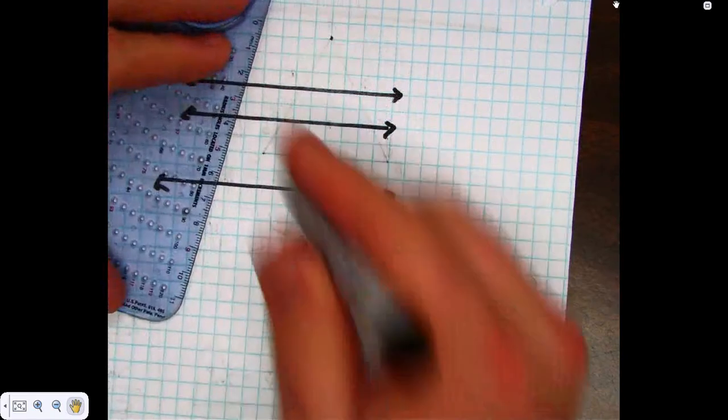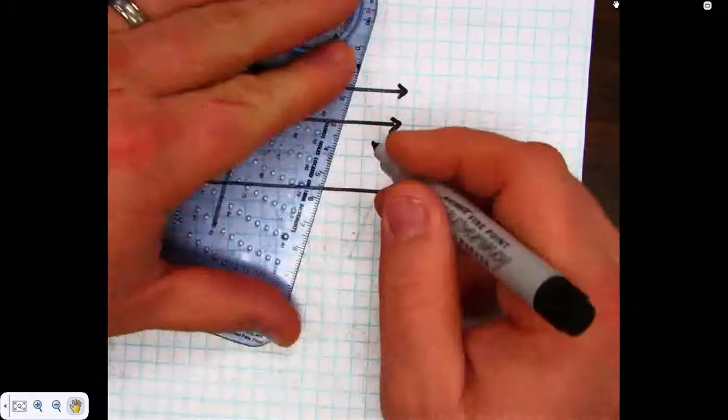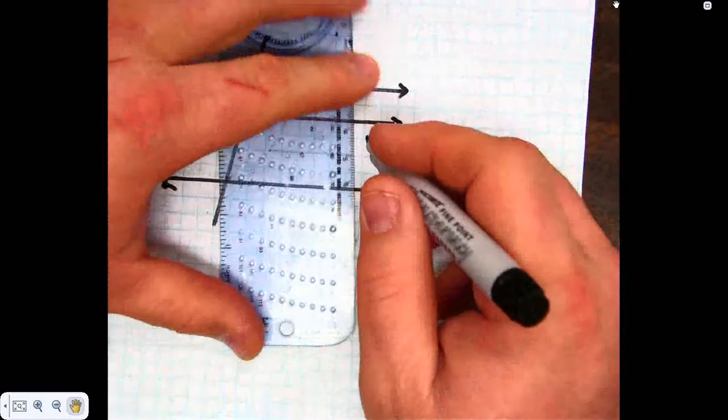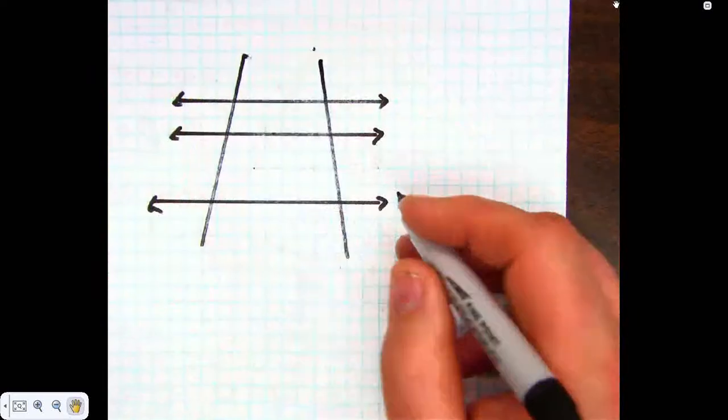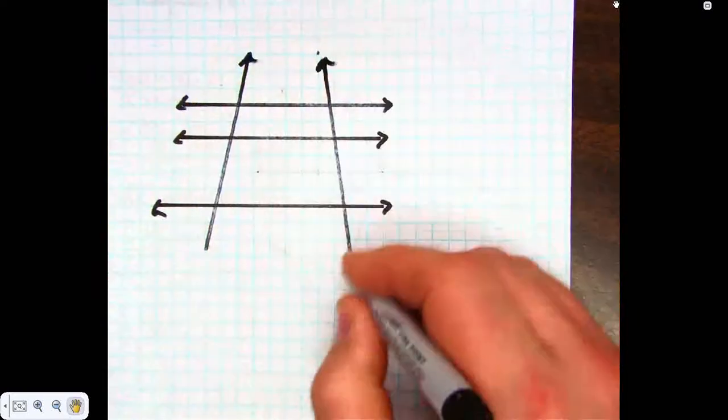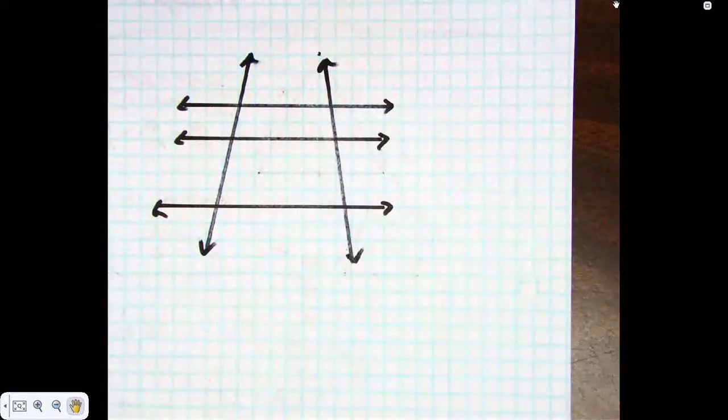And then draw 2 transversals. They don't have to necessarily be angled the same way or anything like that.